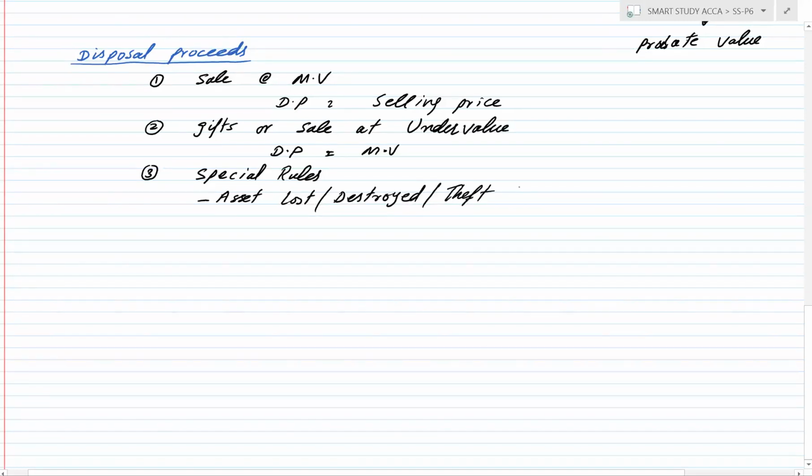In these cases, we need to consider insurance proceeds. So that's why these cases will be covered later on in our syllabus. Right now, I'm skipping these points. So there are special rules for asset lost or destroyed or theft or damaged. In all these cases, we need to consider either we are going to receive any insurance proceeds or not. So we need to consider insurance proceed.